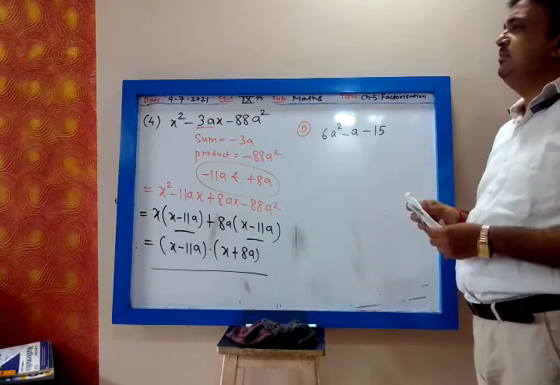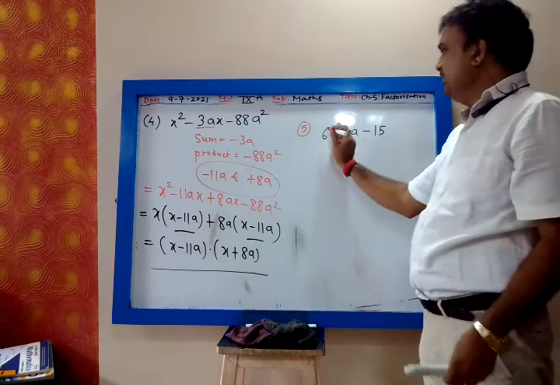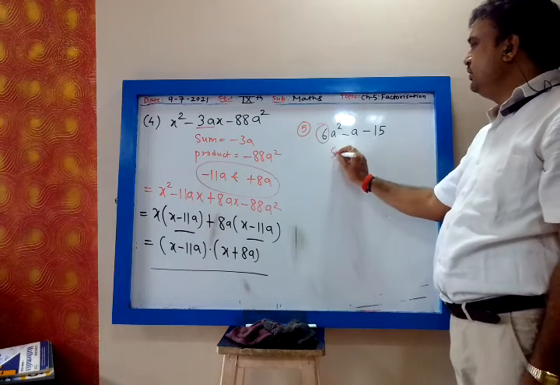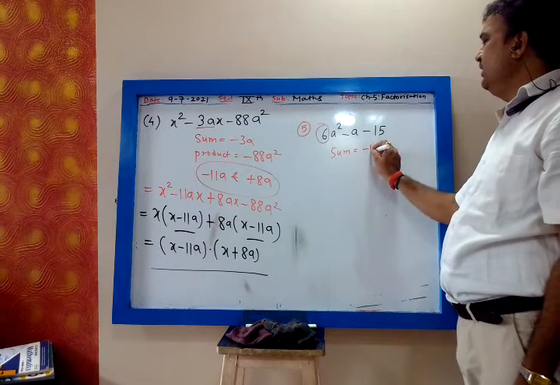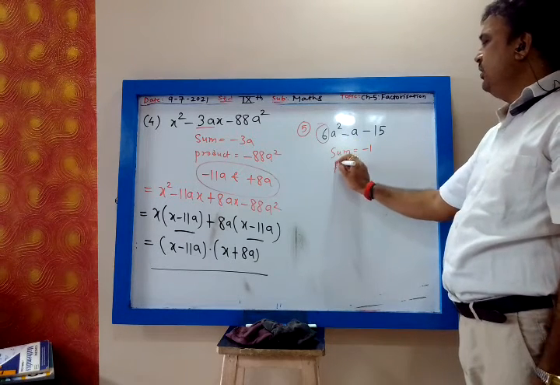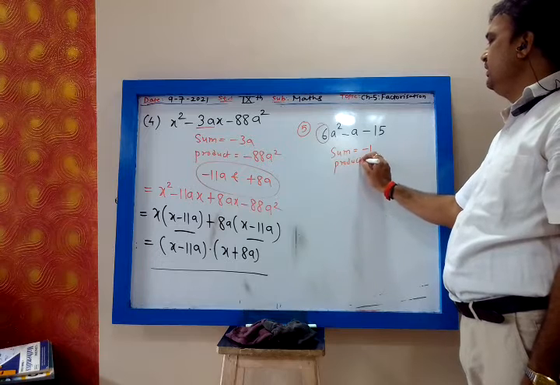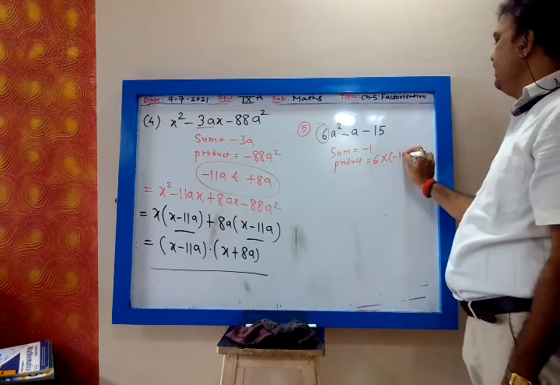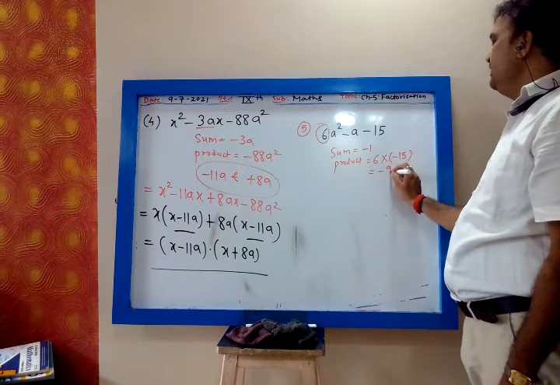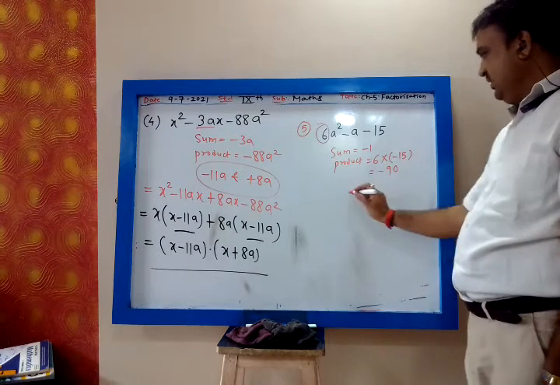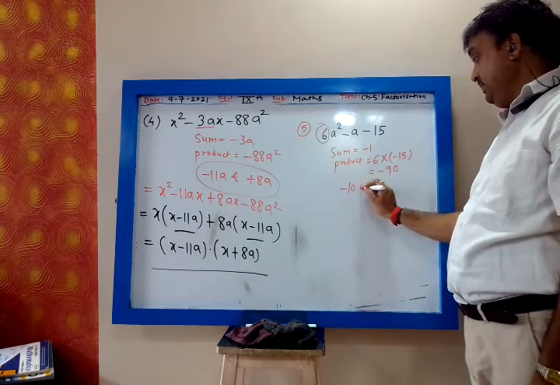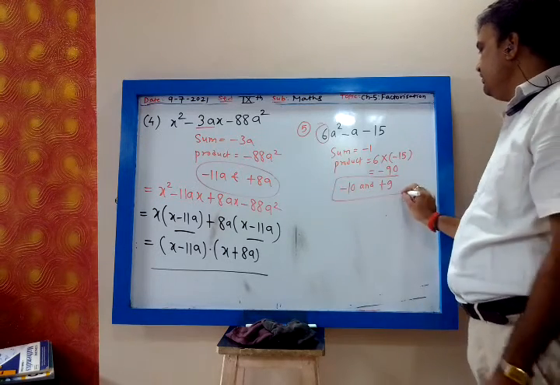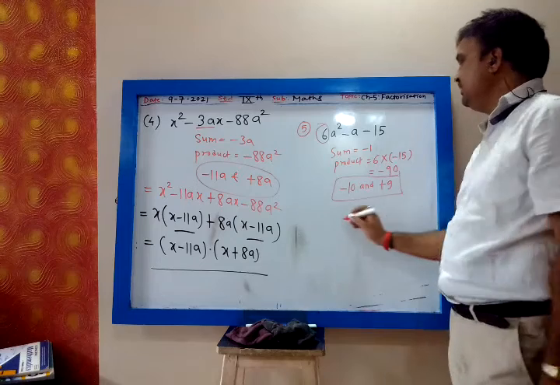The coefficient is not 1, there is 6 here. So the sum should be minus 1, that is the coefficient of a, and the product should be 6 into minus 15, that is minus 90. Minus 10 and plus 9. When you add, you get minus 1. When you multiply, you get minus 90.